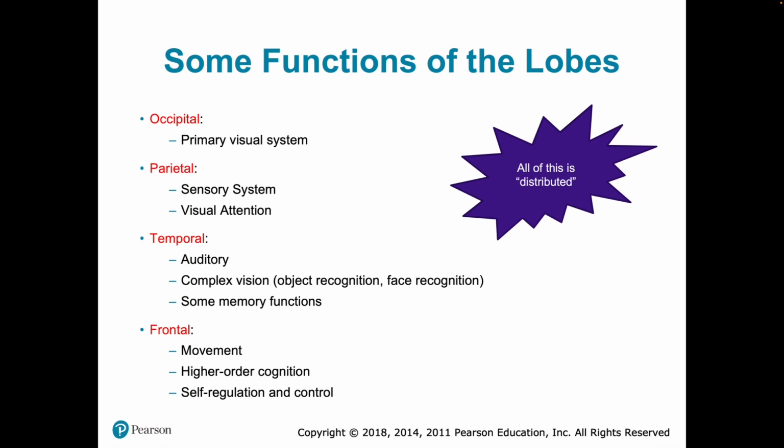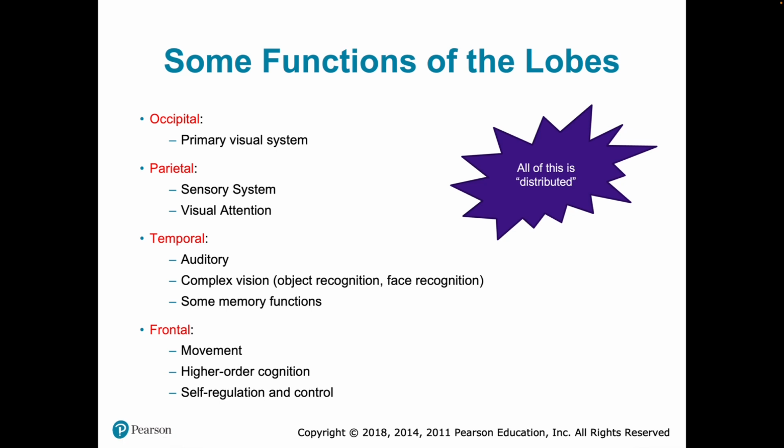Interestingly, the temporal lobe also processes some complex vision, so recognizing objects, recognizing faces. The visual signals are first processed in the occipital lobe, of course, that's our primary visual system, but then actually recognizing things for what they are, identifying what they are, oftentimes gets involved in the temporal lobes.